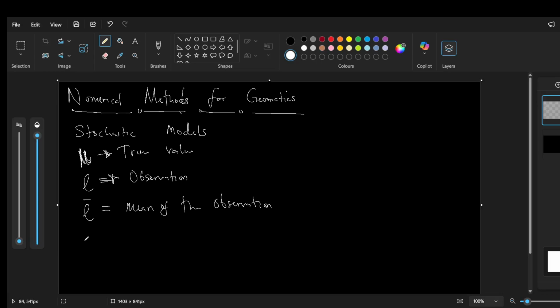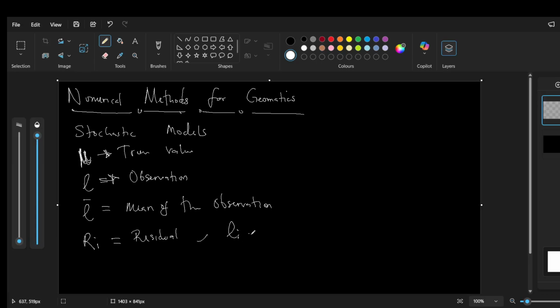Then R_i, this is used to refer to the residue. So it's basically R, but that i is for, let's say, if you have an observation L_i, i can be any numerical value.